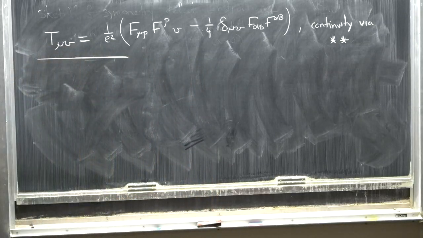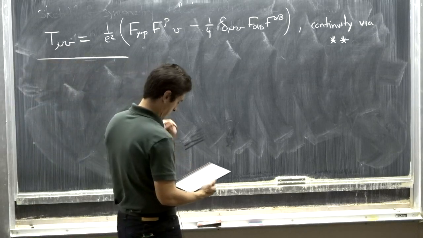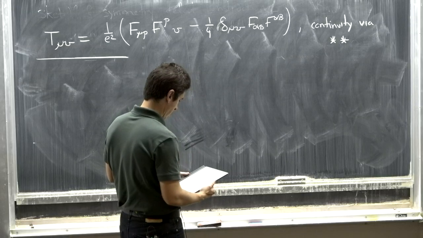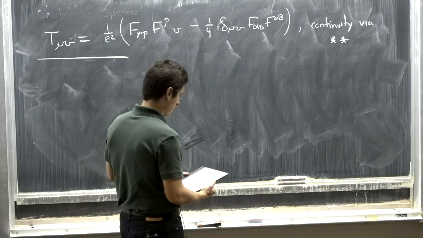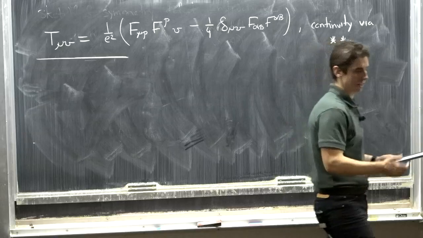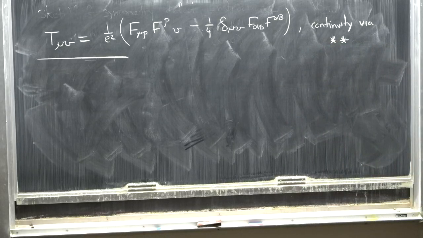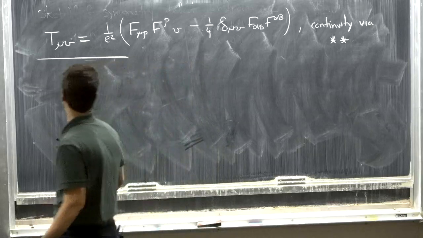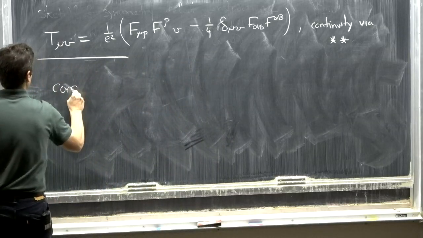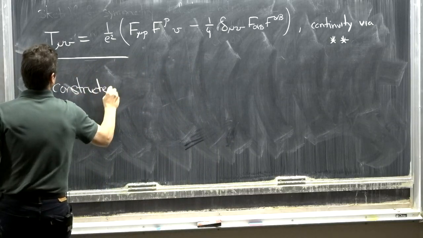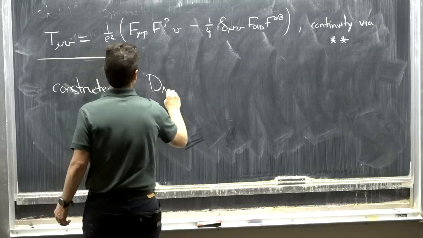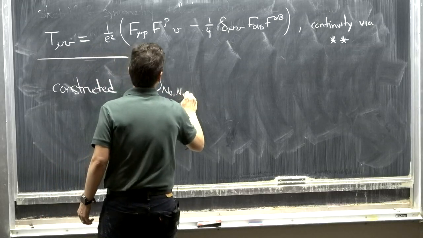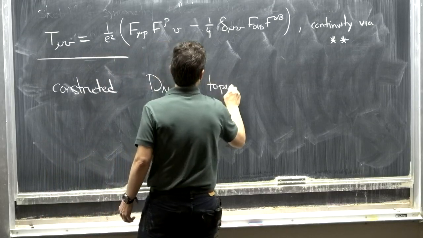Kind of an awkward interval. Let's see, I have 5 minutes. Okay. Maybe let me take some questions. In my next lecture, I'll start by proving that D is non-invertible. So what we have done so far is we've constructed this D, with E and M, a topological defect.